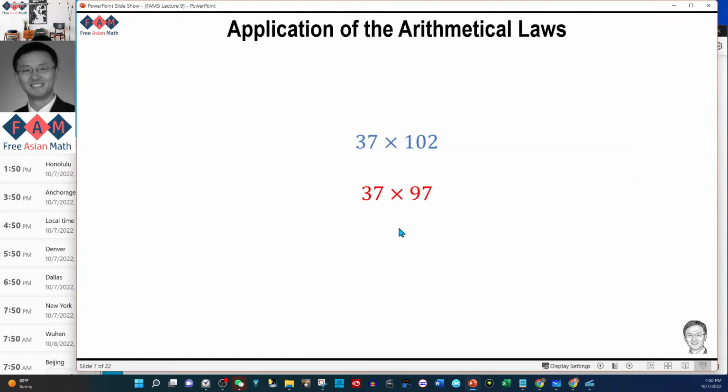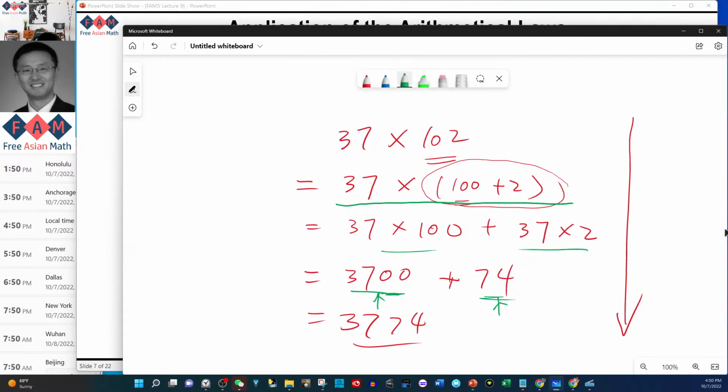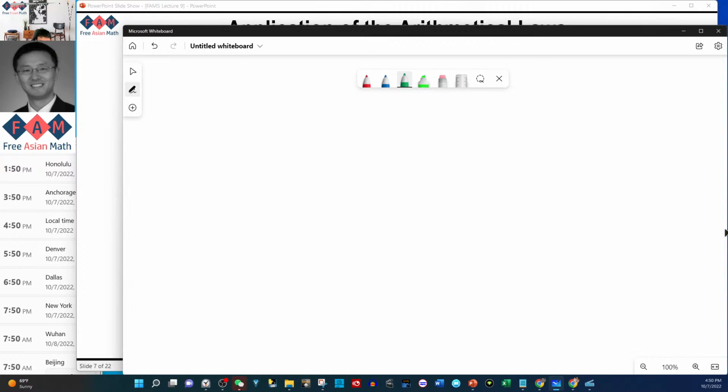Well, we have not formally discussed this yet, because we will introduce subtraction as an alternative version to addition soon, but assuming that you have known, and this is a safe assumption, right? Assuming you have already known subtraction, so you would see that 37 times 97 would be written as 100 minus 3.